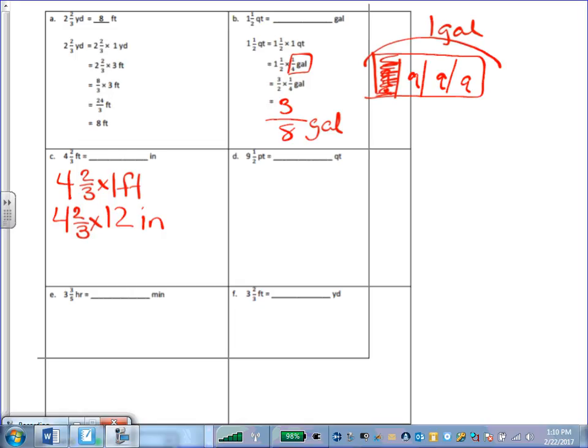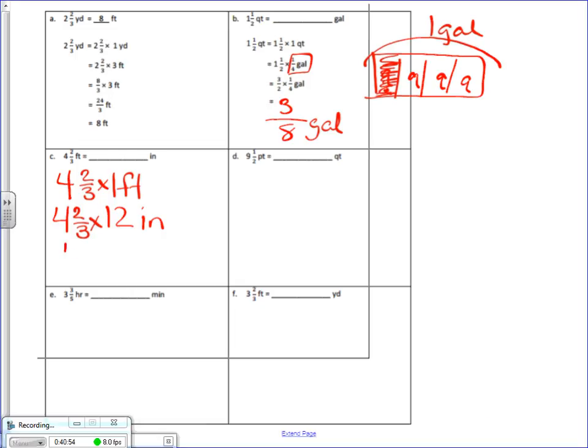So 12 times 4 is 48. 12 times 2 is 24 over 3. So we have 48. 24 divided by 3. 3 goes into 24 8 times.